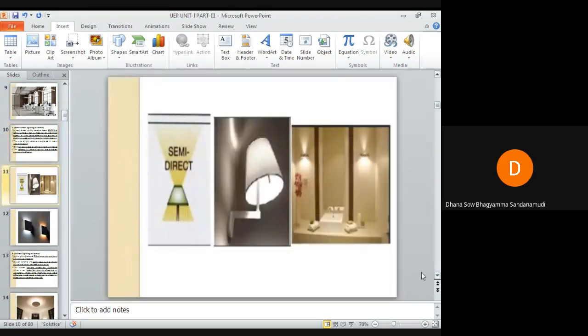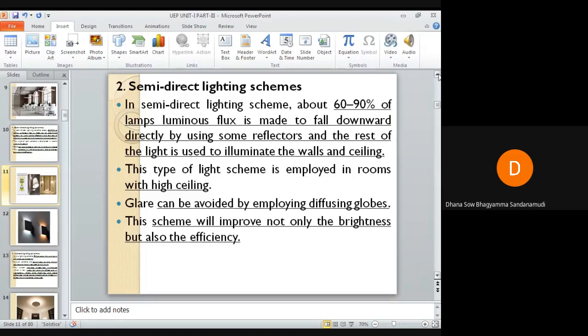Next one is semi-direct lighting. In semi-direct lighting, 60% to 90% of the luminous flux from the lamp falls on the surface, and the remaining 40% to 10% falls on the walls, or is directed towards the ceiling.